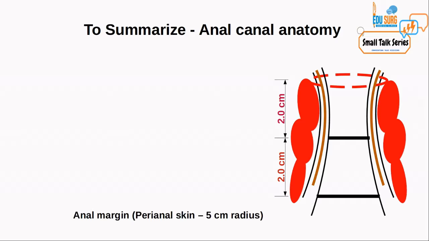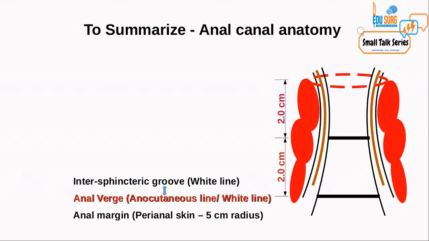Just a brief summary: anal margin or the perianal skin, which is the 5 centimeter radius around the anal verge; intersphincteric groove or the white line of Hilton. And now I am sure you know that it can be interchangeably used with anal verge, anocutaneous line.